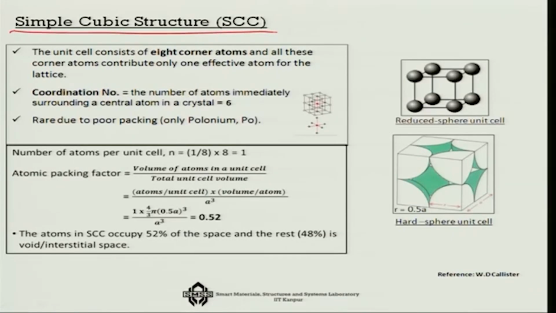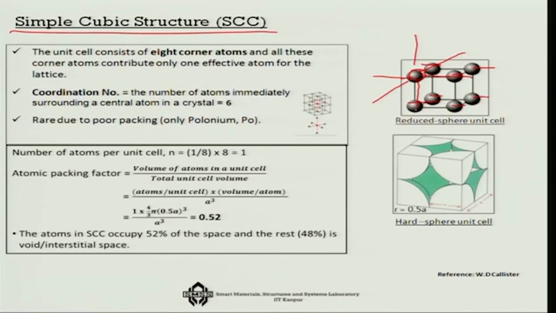Naturally, in the cubic structure, if you look at it very carefully, you will see that it consists of 8 corner atoms: 1, 2, 3, 4, 5, 6, 7, 8. Since each atom is shared by the neighboring lattices, if you consider each one of them, it is shared in direction 1, direction 2, direction 3, 4, 5 and 6.